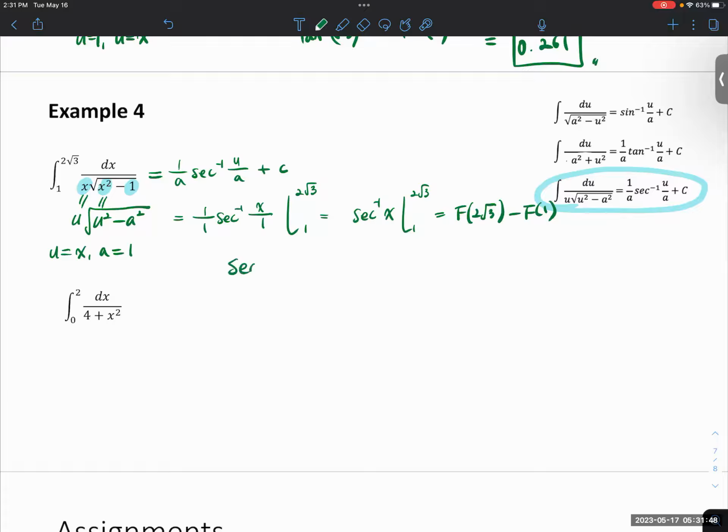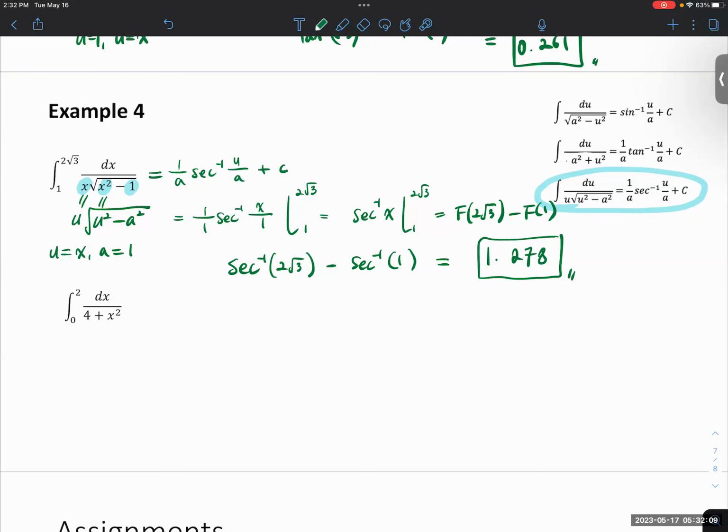So plugging in secant inverse 2 radical 3 minus secant inverse 1. Again, go back to decimal, enter secant inverse 2 radical 3 minus secant inverse 1, and you will get 1.278. So check it out with the decimal as well.